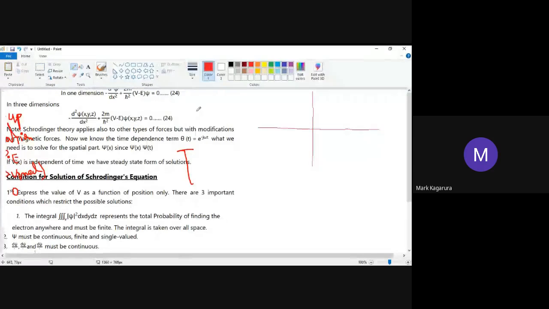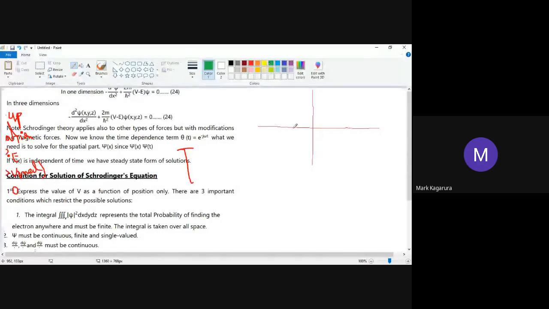I'm going to increase the size a bit. There are different types of graphs that you have. Let's assume that this is your function, psi x or psi t, and then that is t. Sometimes given as psi x t as well. So that is the wave function.